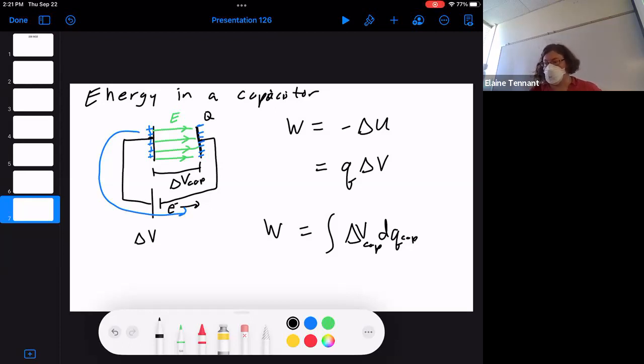Now, let me ask you another thing. The potential difference across the capacitor, does it depend on how much charge is on the capacitor? So if there's an uncharged capacitor, a completely empty capacitor, will there be a potential difference across it?